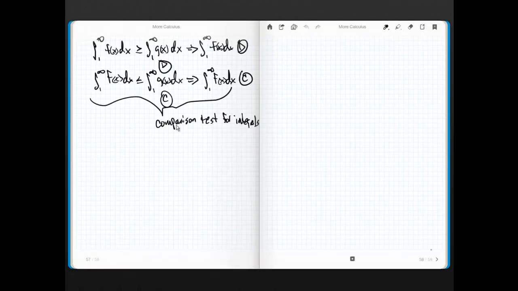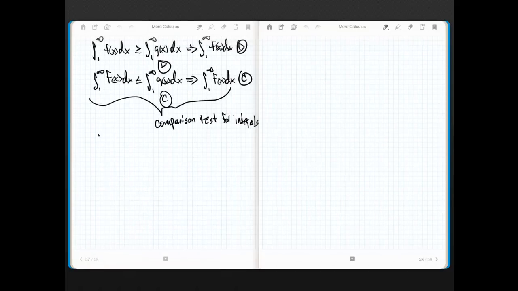We now have a comparison test for series. This is called the comparison test for series, which is what we're about to come up with. All right, we just have to rewrite this up using series instead of integrals.